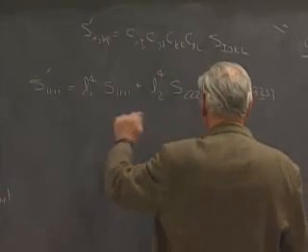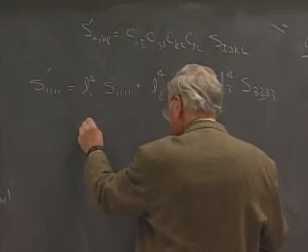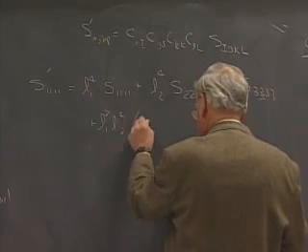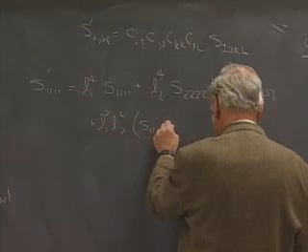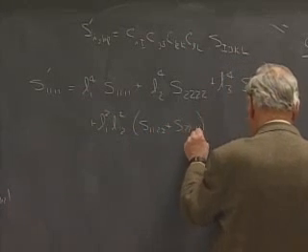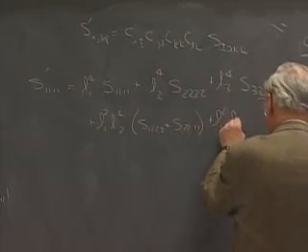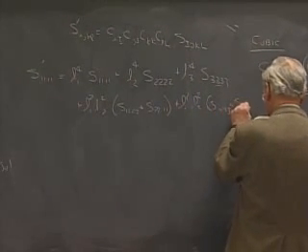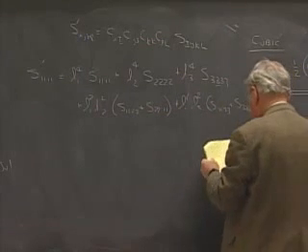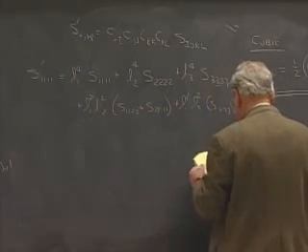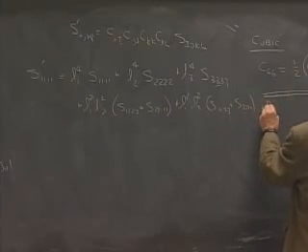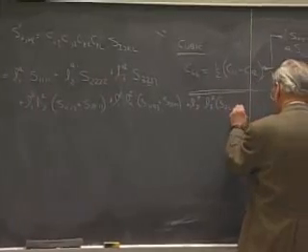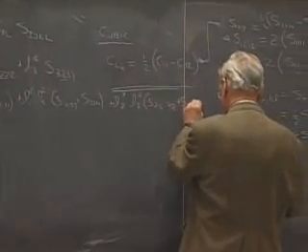That's going to be these terms plus L1, L2 squared times S1122 plus S2211 plus L1 squared L3 squared times S1133 plus S3311. And then still another term, L2 squared L3 squared times S2233 plus S3322.